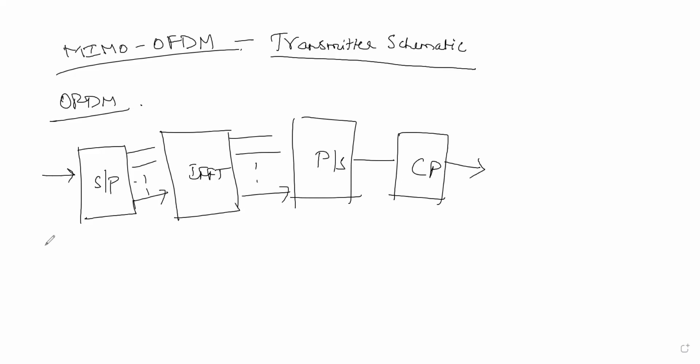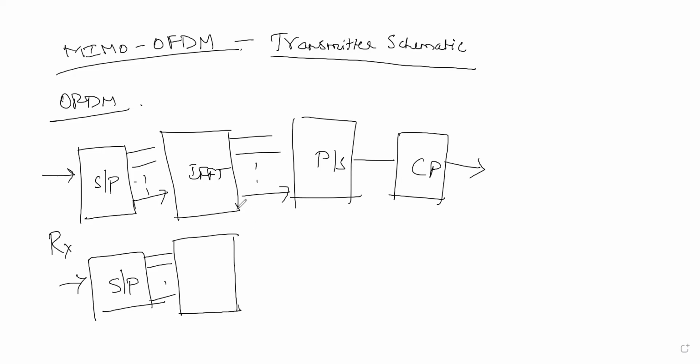Similarly, at the receiver end, the signal gets converted from serial to parallel. Here, instead of the inverse Fourier transform, we just take the fast Fourier transform, and then this gets converted again from parallel to serial and goes to the receiver.